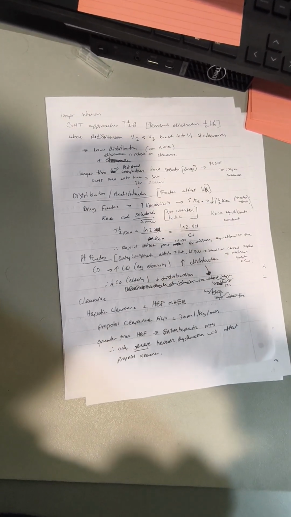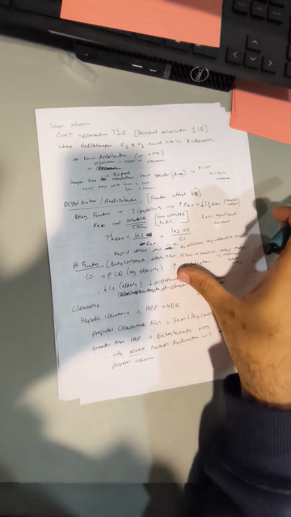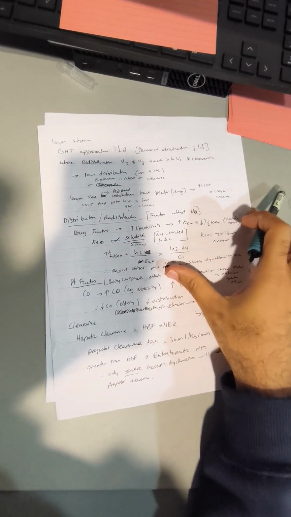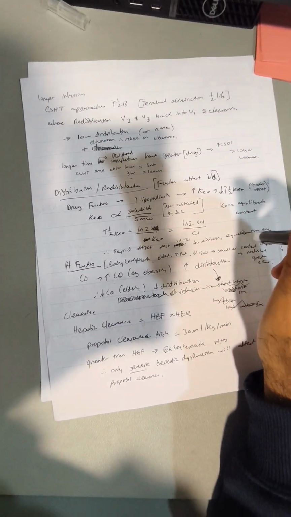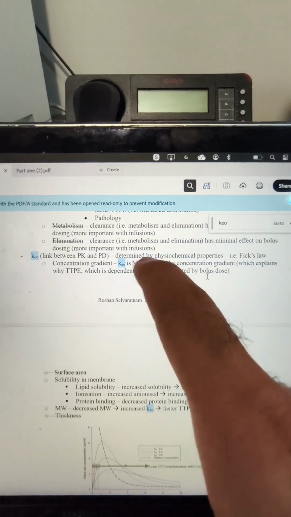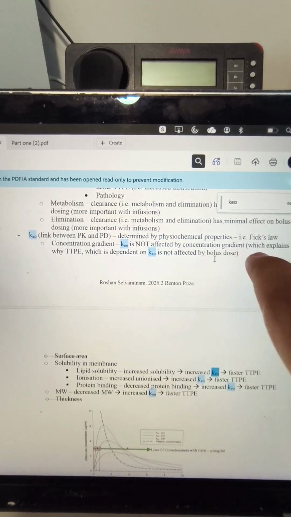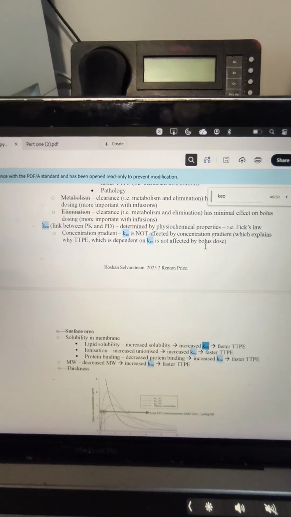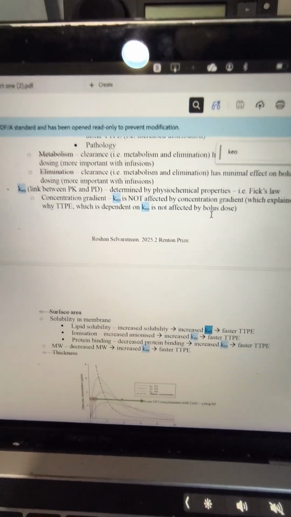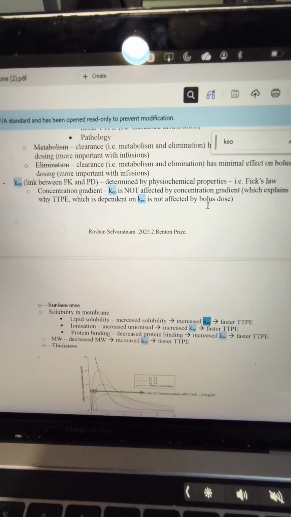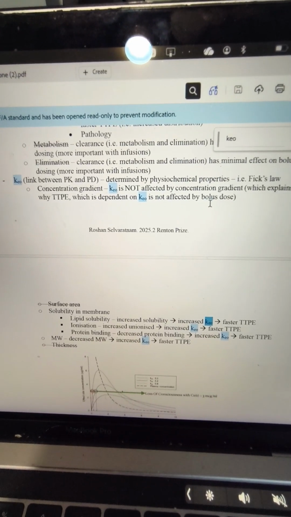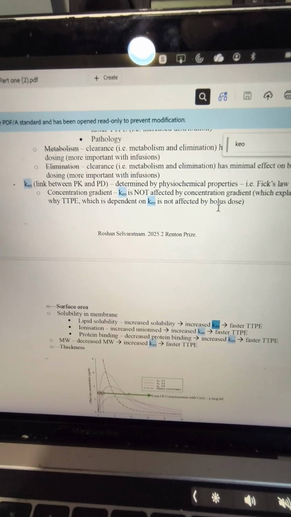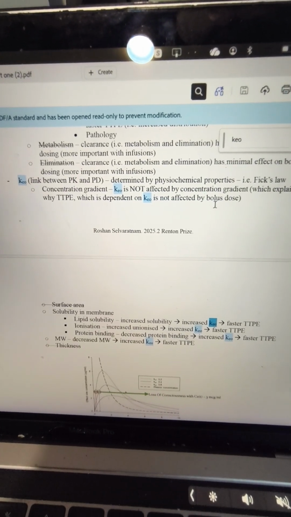The bolus dose affects the time to peak effect. So the concentration gradient is not important because the time to peak effect is based on the KO and not the bolus dose.